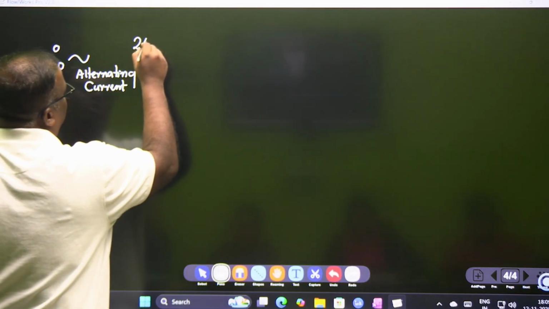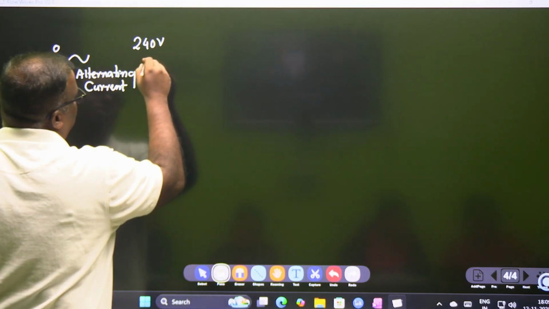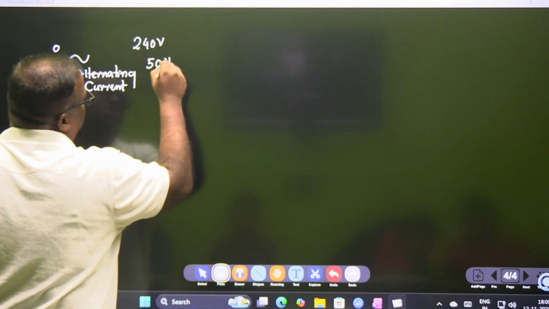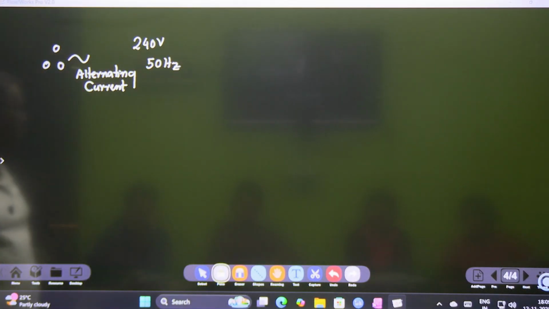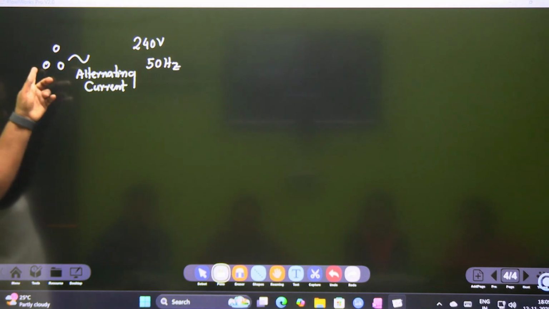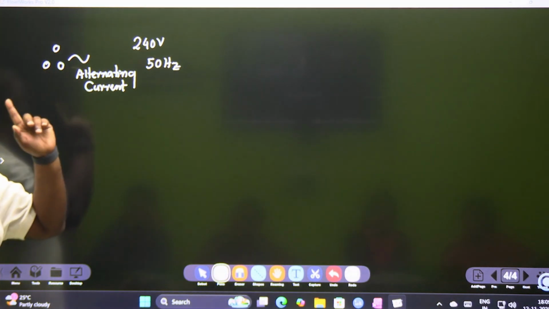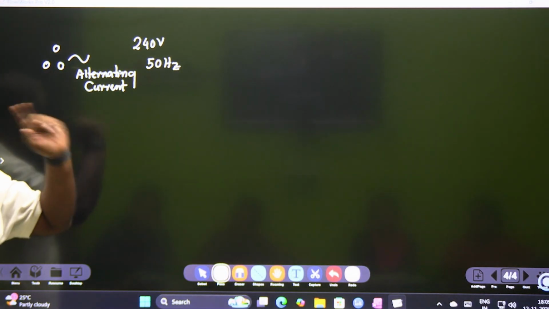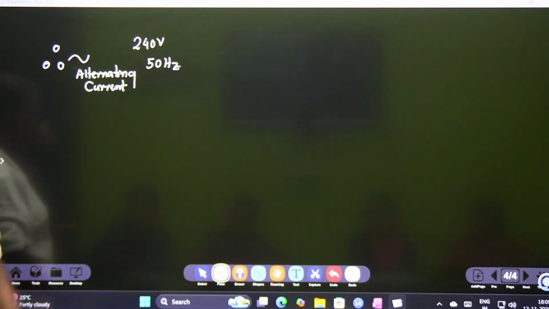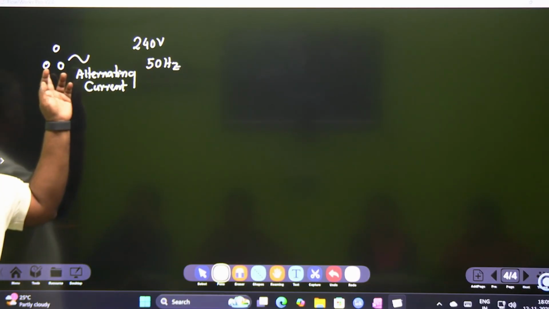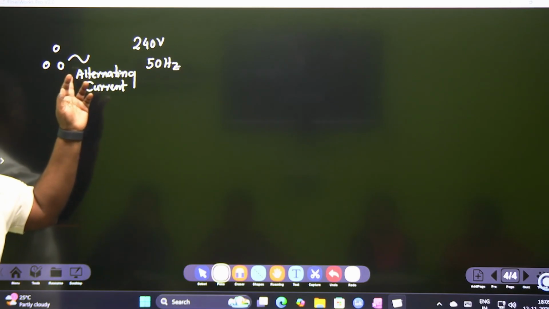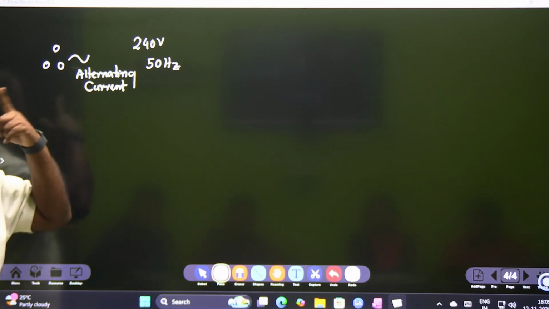So in India, the current comes at 240 volts and the frequency is 50 hertz. Just imagine, between these two terminals, in 1 second, this alternating current makes 50 cycles. That means 100 times it is positive, 100 times it is negative. One negative and one positive makes 1 cycle.